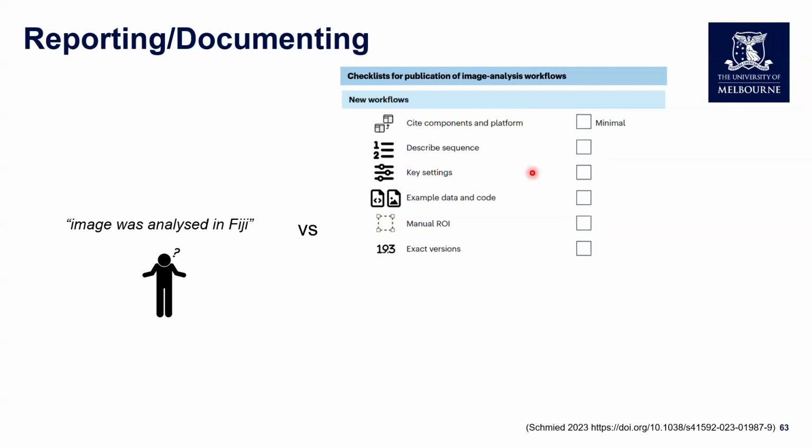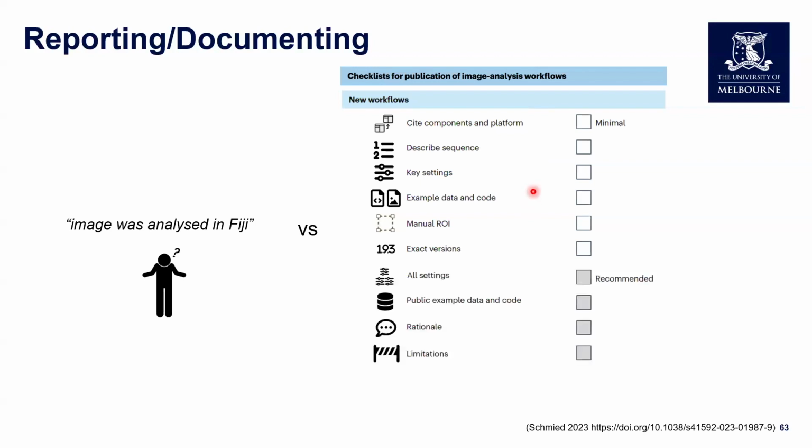You should also share the workflow and example dataset through online platforms such as GitHub. It is also recommended to explain the rationale and the limitations of your workflow, and ideally provide screen recordings or tutorials. That would be really helpful for anyone who would like to replicate your analysis.